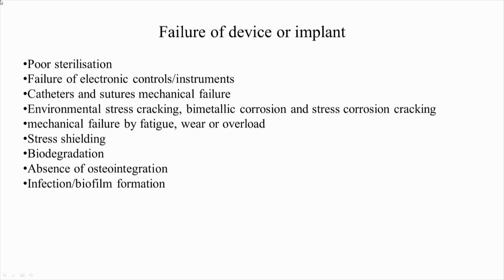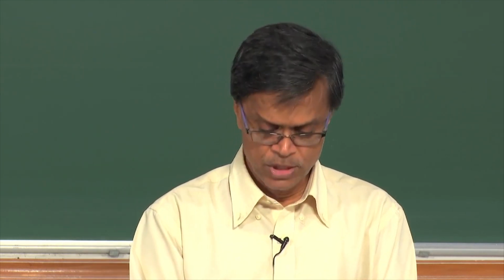We studied a lot, and the early rejection of biomaterial, in the first few days, a week, is predominantly because of this biofilm and infection. Okay, that is why generally a large amount of antibiotics are given to the patient to prevent bacterial infection and biofilm formation.